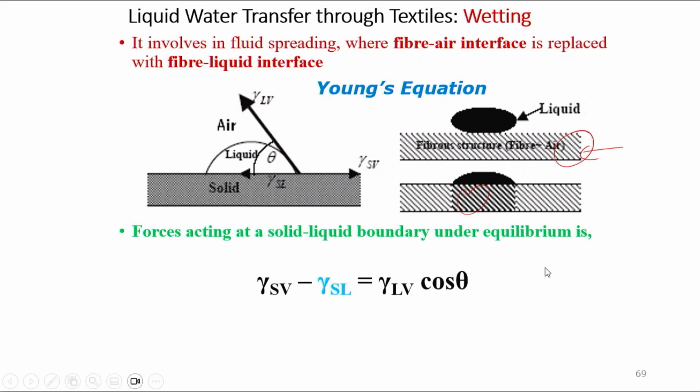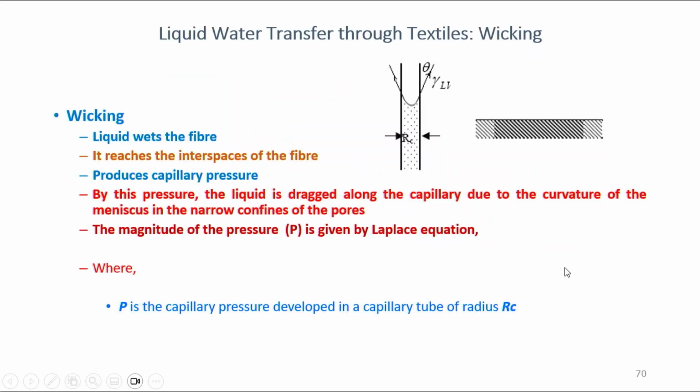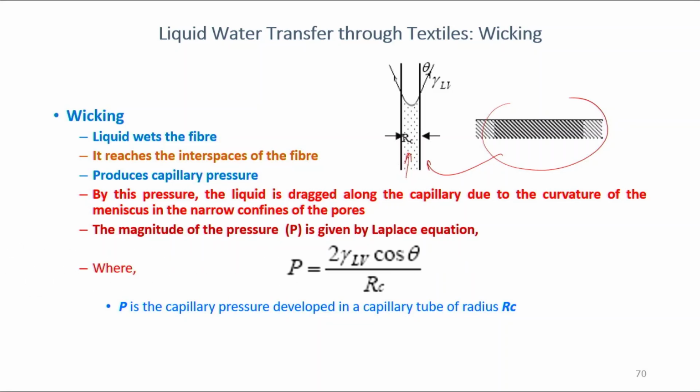I am not going into all the details of this equation. Once the liquid has penetrated, this is the capillary channel, and the wicking pressure is generated. This is the equation for the wicking pressure, which is inversely proportional to the capillary radius.